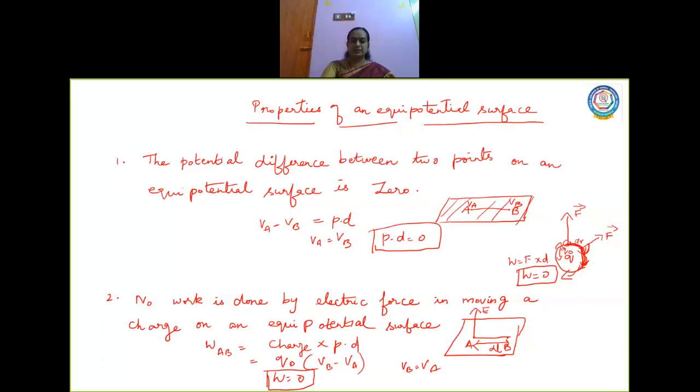Is it clear, children? Now, let us move on to the third point. Again, this is also very, very important, children. Here we are going to talk about the direction of electric field. So the direction of E, E is electric field, children.